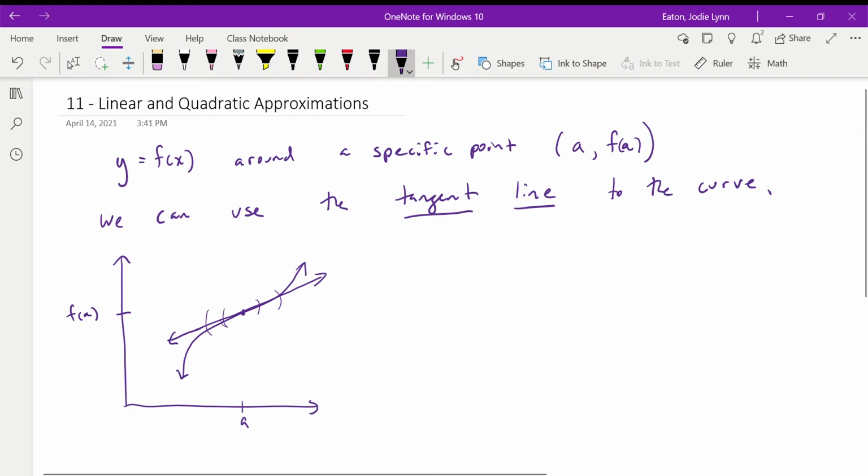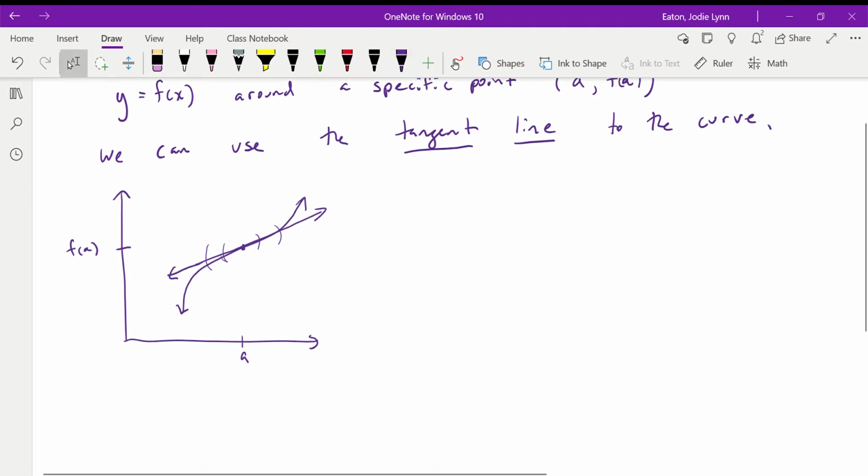So what we do is we take this and we extend it. And we're going to find a formula for how to write this tangent line, and we can call it a linearization of f of x around f of a. And this is the same as the tangent line that we would be calculating. This is the line tangent to f of x at a.